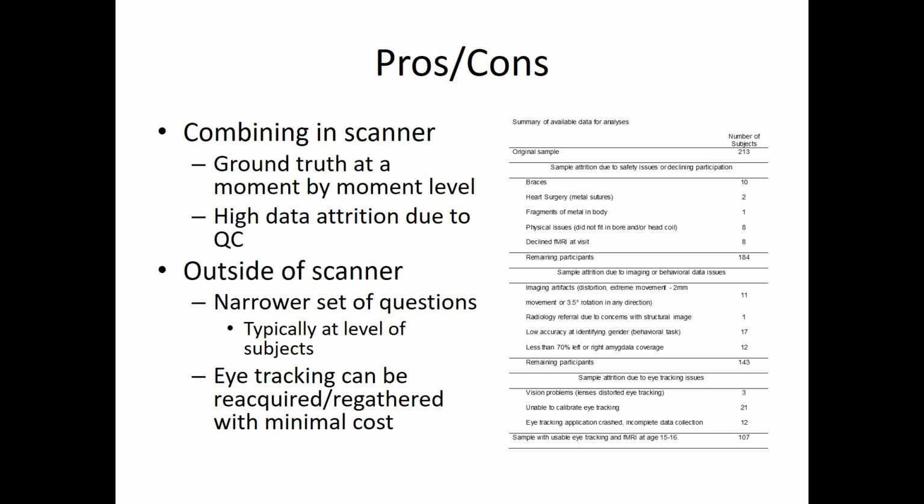That said, if you have a good fMRI task and you get the data, and then you're doing an outside the scanner eye tracking task and something's just messed up, you could bring them back with relatively low cost another day to redo it, or you could have them take a break and try again. So you can get that data much more cheaply, and that would help with these calibration problems.